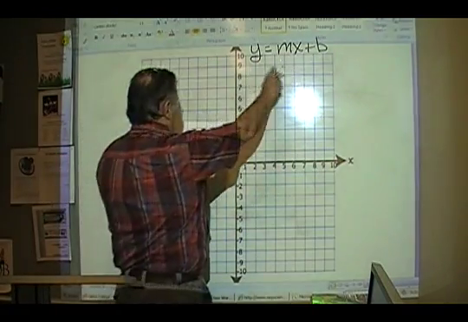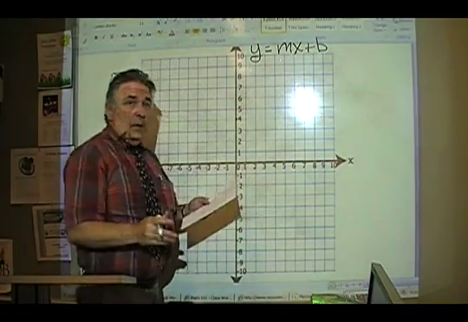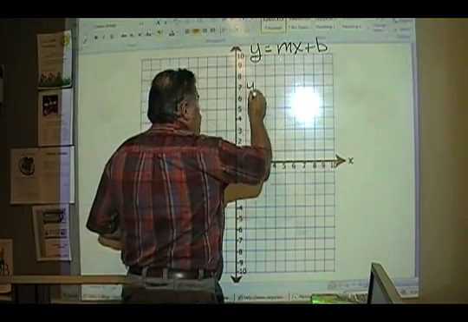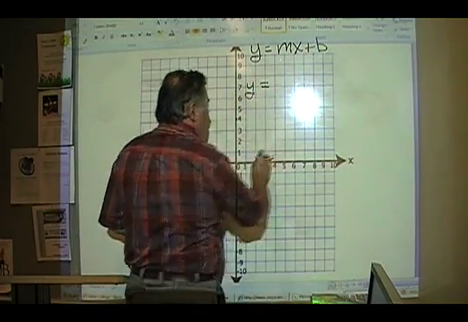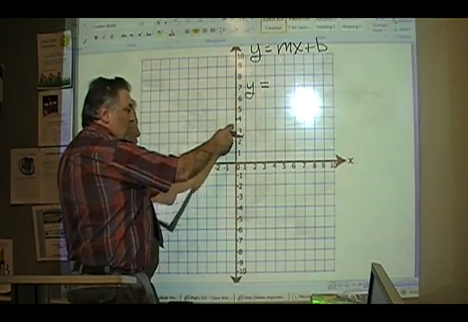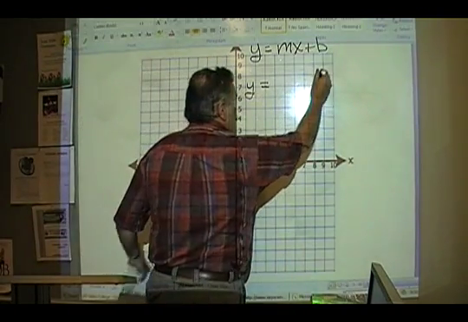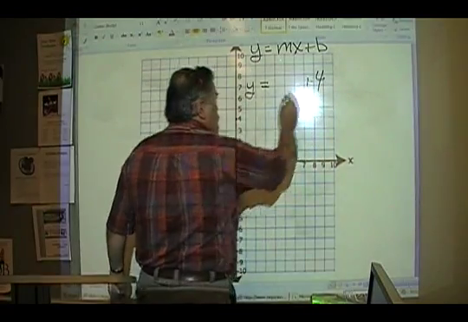So the answer is going to look like y equals mx plus b. We have to figure out what b is. I told you b is crossing at 4 on the y-axis, so we could plug in positive 4.